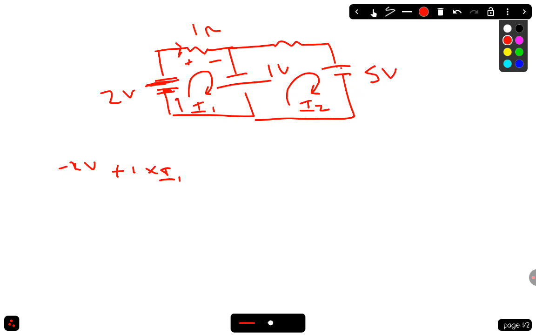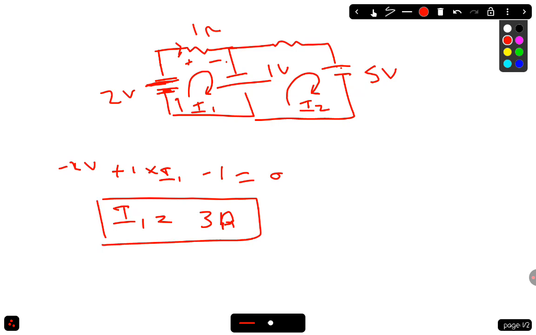Again, negative of 1 volt, minus 1, equal to 0. From this we are able to calculate I1 equal to 3 ampere, sorry, 3 ampere, because this is current, not voltage.